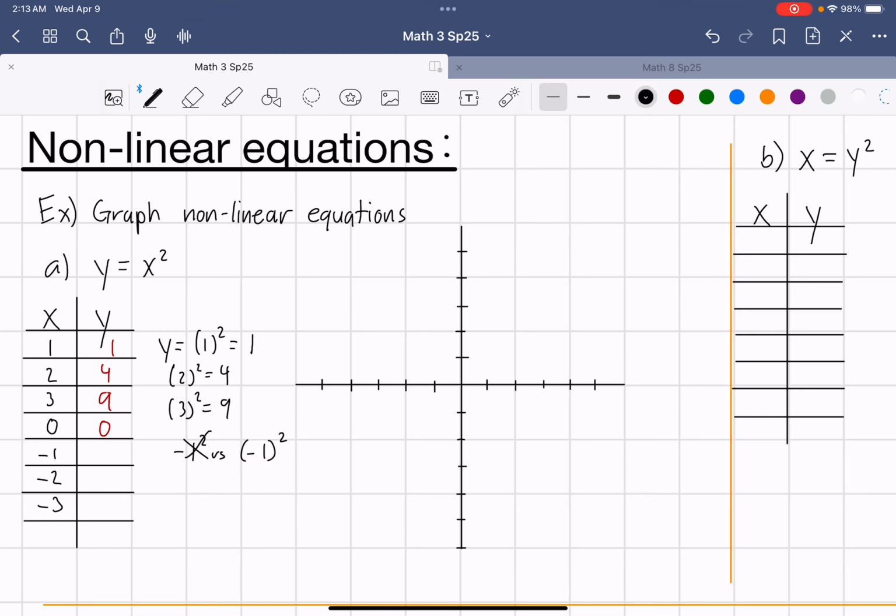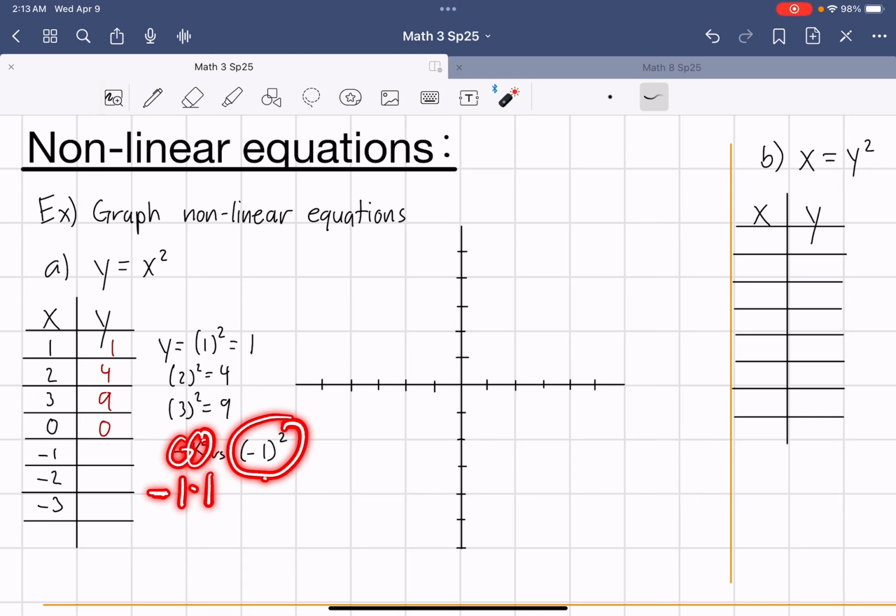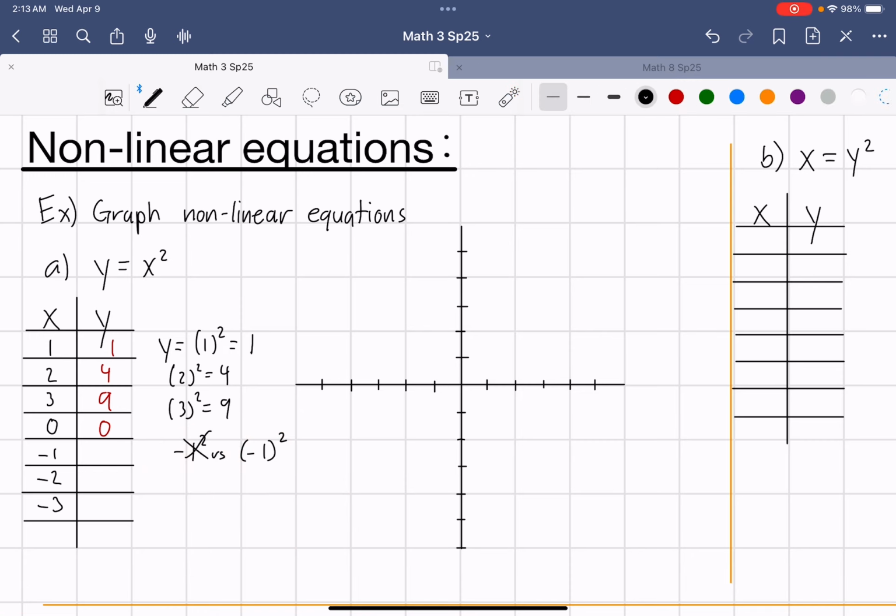The main difference is because this means that you're going to take the 1 and multiply it to itself. That negative is just lingering outside, versus in this one, it means negative 1 times negative 1. One leaves you with negative 1 as an answer. The other one leaves you with positive 1 as an answer. So that means this problem is going to be positive 1.